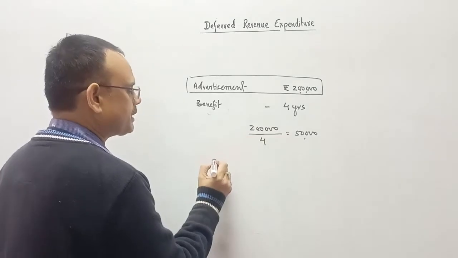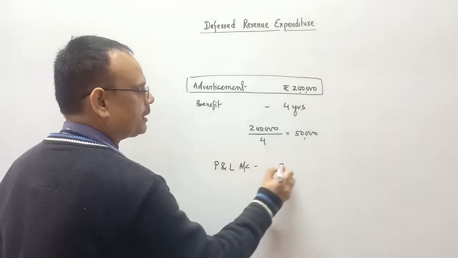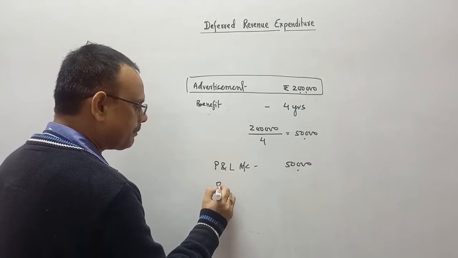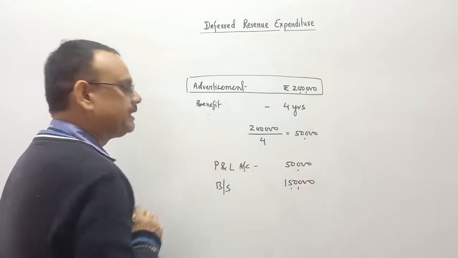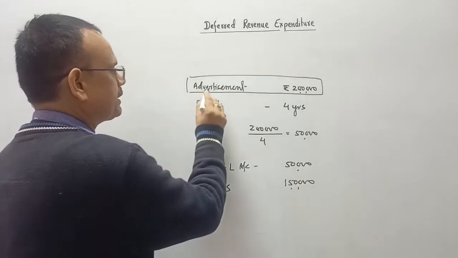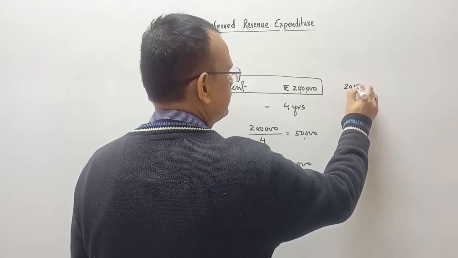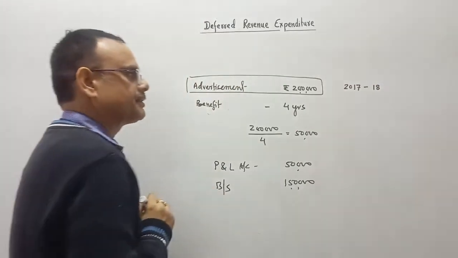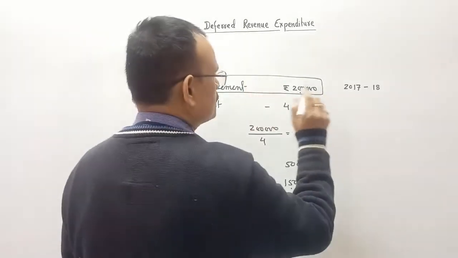So 50,000 will be transferred to the profit and loss account debit side, and the rest will be shown in the balance sheet. 1,50,000 will be shown in the balance sheet as deferred revenue expenditure. Suppose this advertisement is done in financial year 2017-18, on the first day.